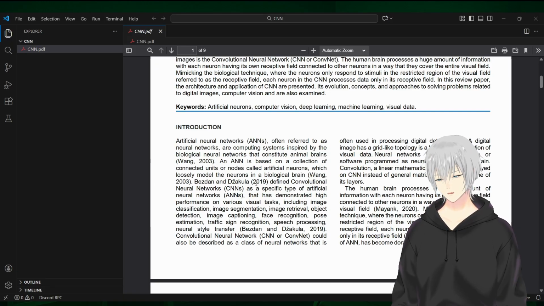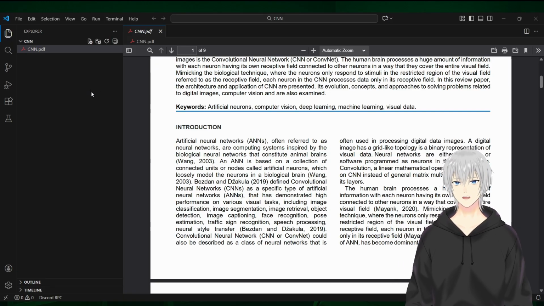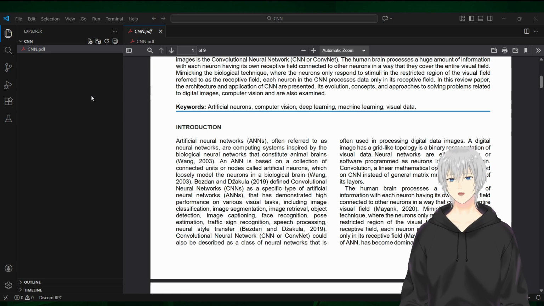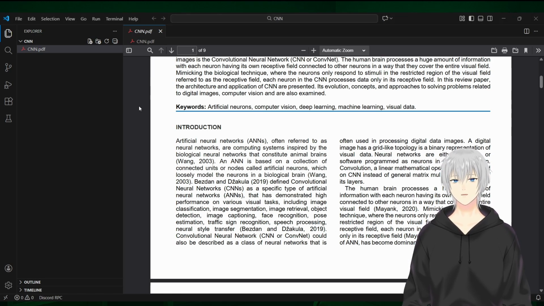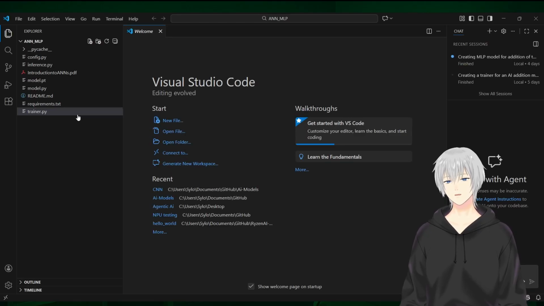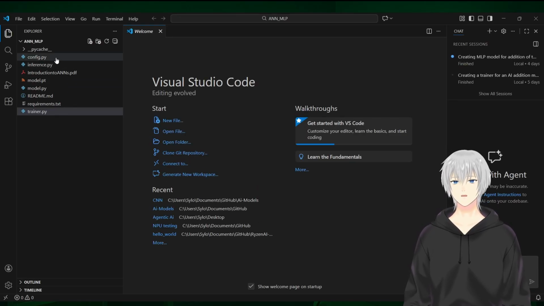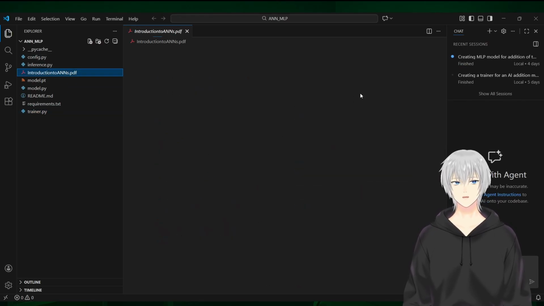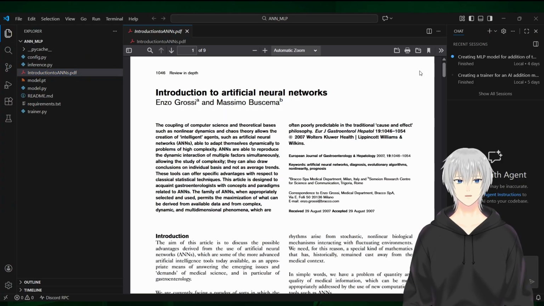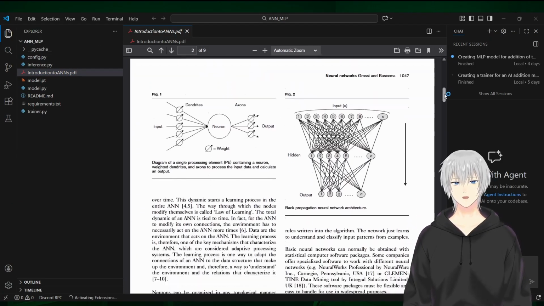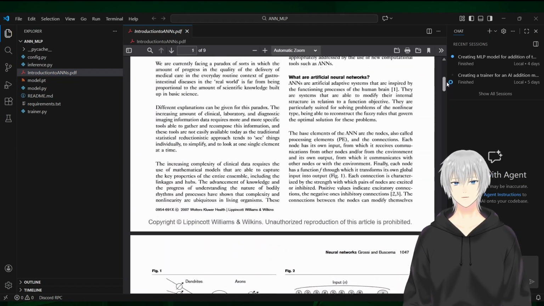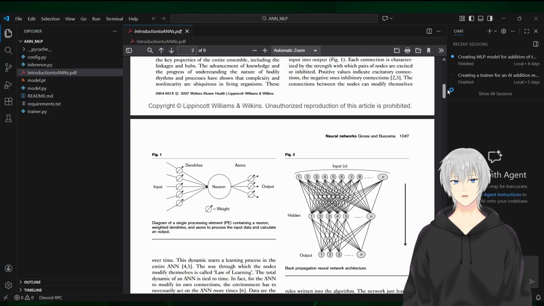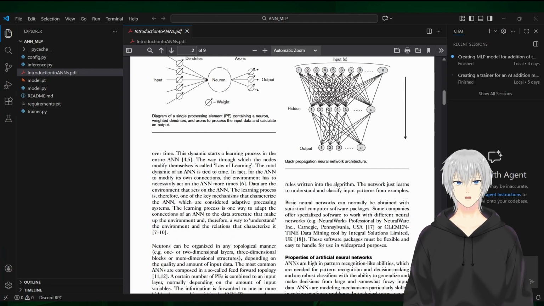You do know what ANNs are, right? Yeah, I know what ANNs are. I have made one right here. ANN slash MLP. ANNs are artificial neural networks. I read this research paper. Don't mind me. I have read this properly. Dendrites, axons, weight, bias, input, hidden, output.